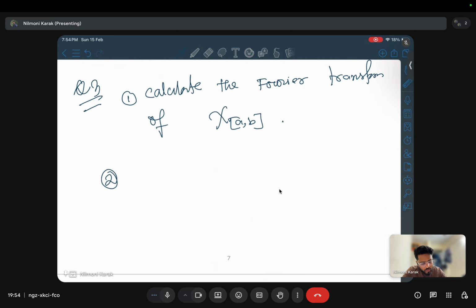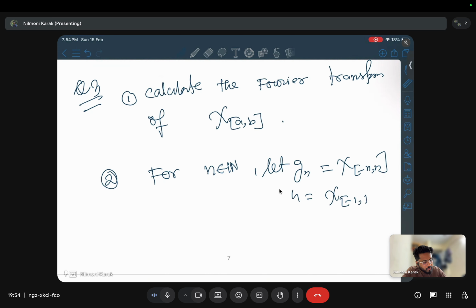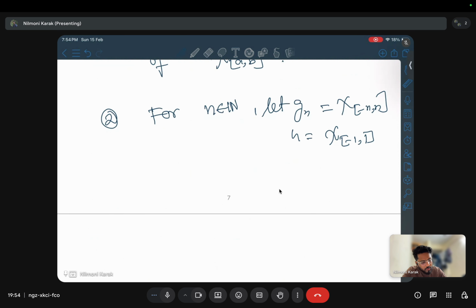Then, for n belongs to natural numbers, let G n be chi of minus n to n, and h equals chi of minus 1 to 1, and compute G n star h.